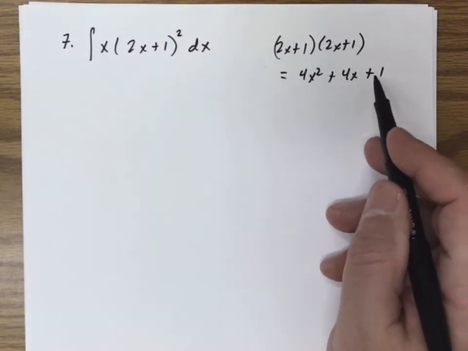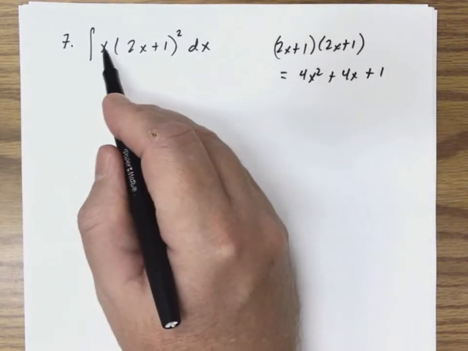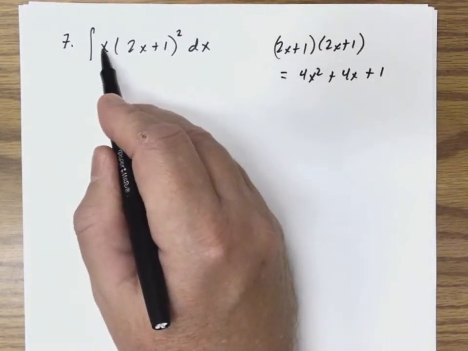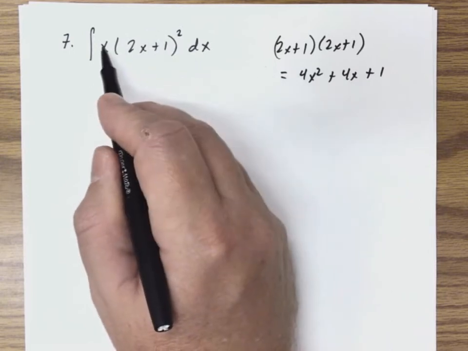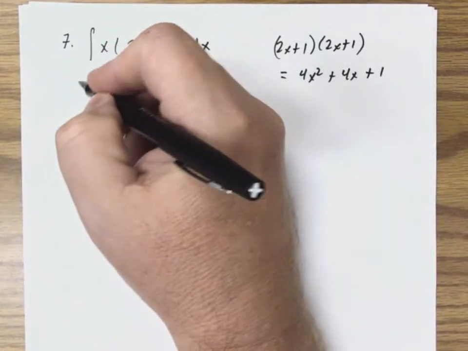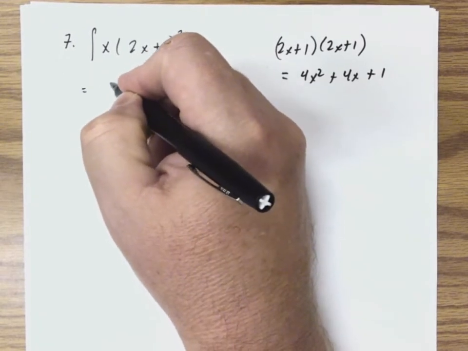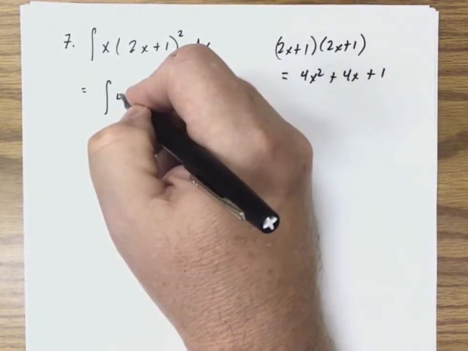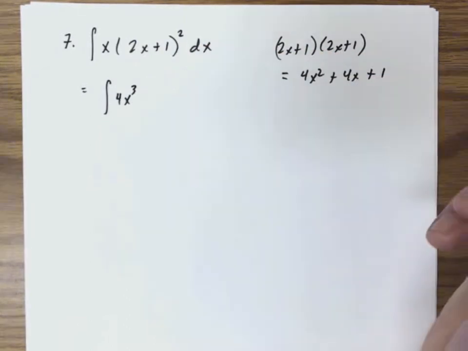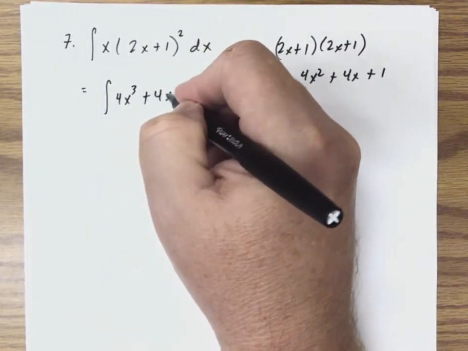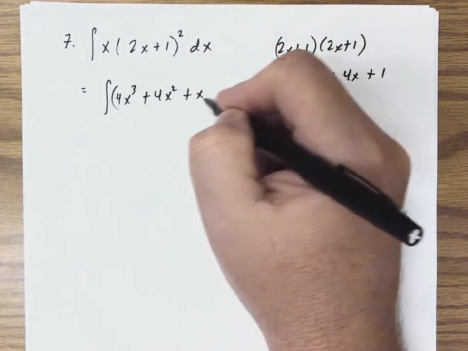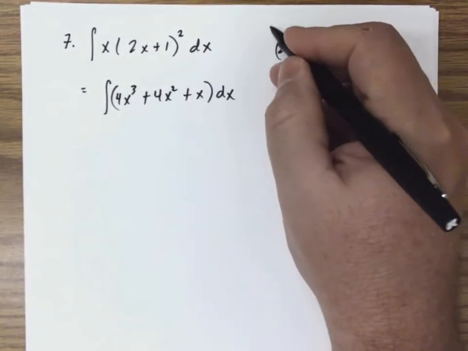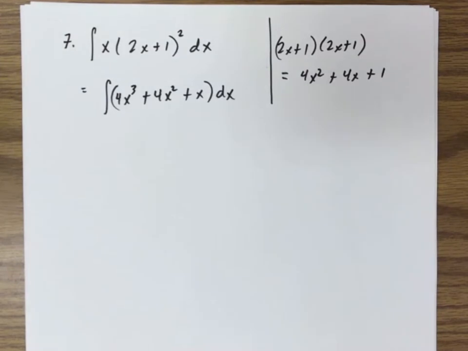Now I'm going to take this x, since it's x times the parentheses squared, it's really x times all of this. I'm doing this to sort of save a step, because now I can rewrite my integral to look like this.